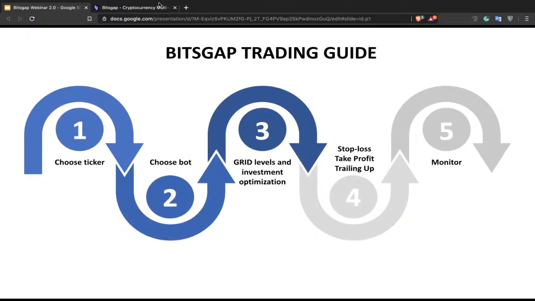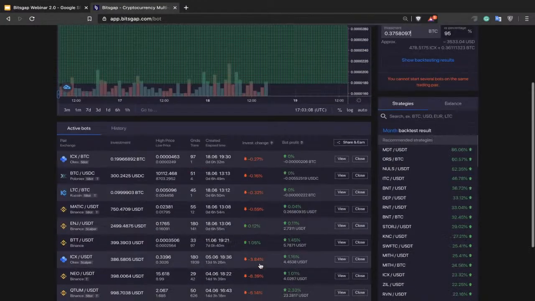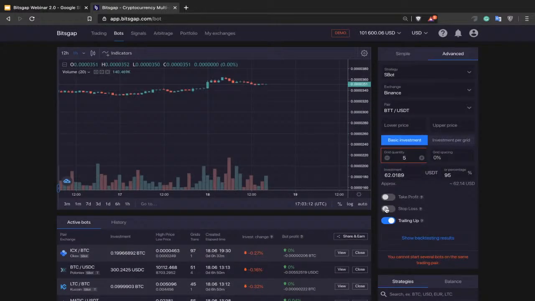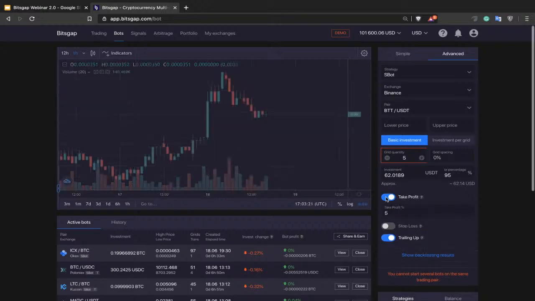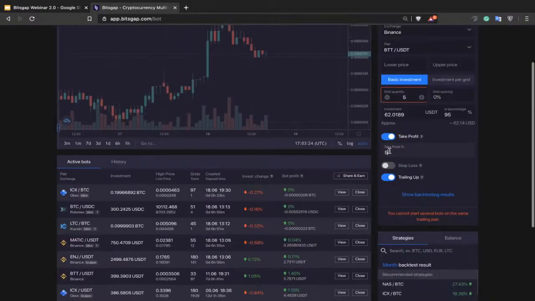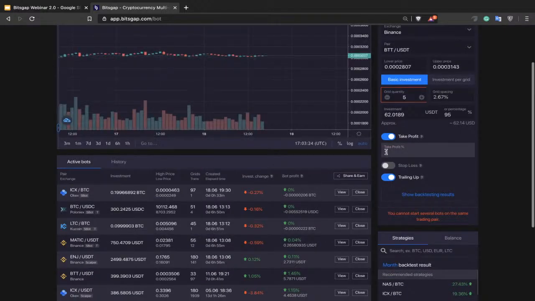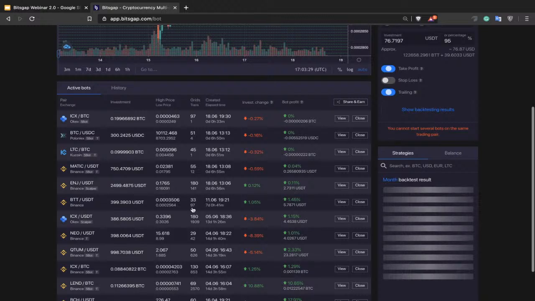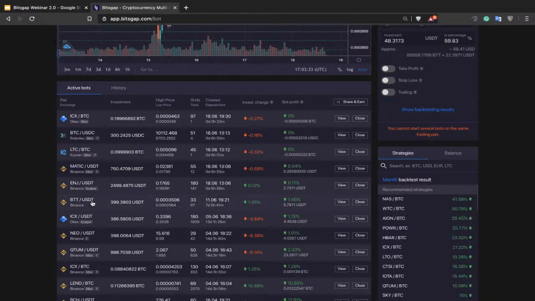So let's say you want your investment change to reach 1%. If I would use take profit here, this one, and if I would set 1%, and let's assume that I had this set up for my BTT trading to USDT, as it reached 1%, it would have closed my bot already.